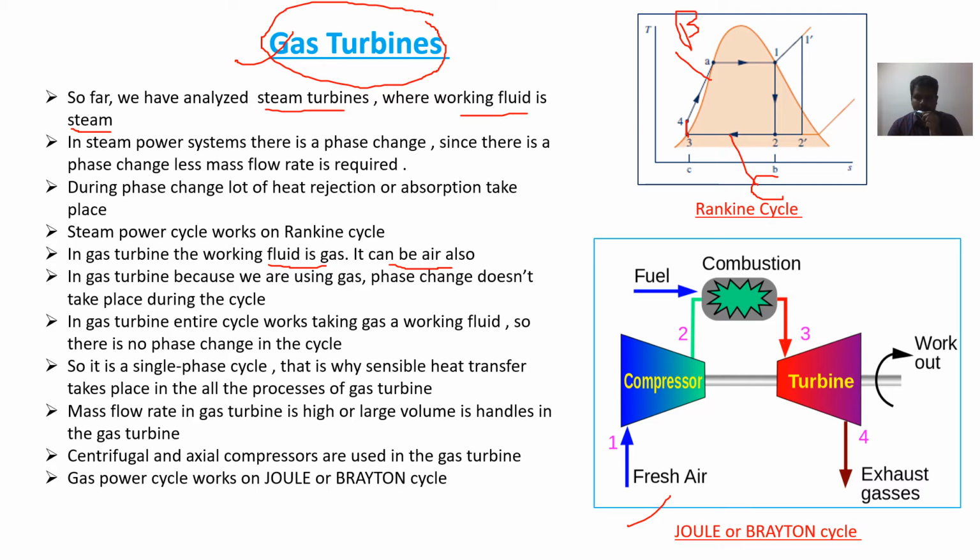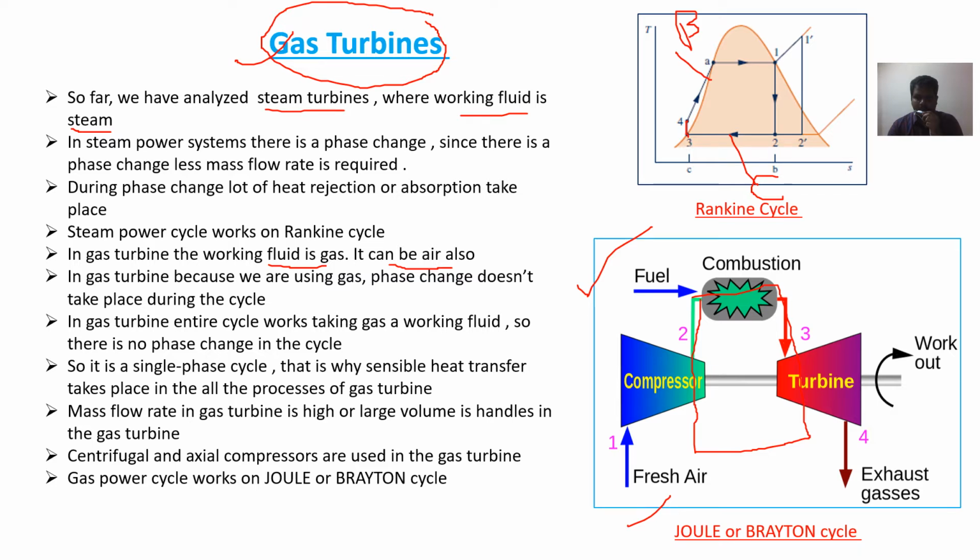But in case of Joule or Brayton cycle, here the working fluid is gas. The entire cycle is working using gas as a working fluid.